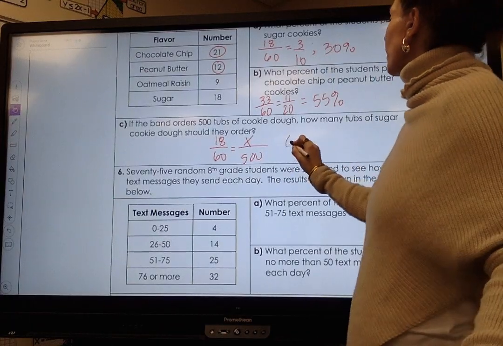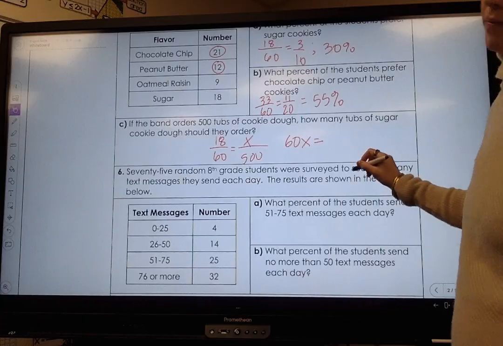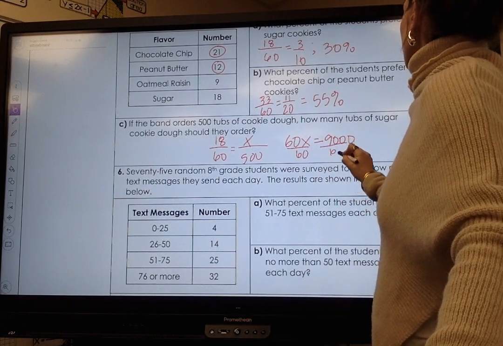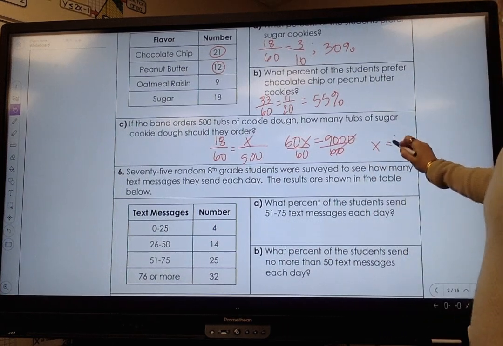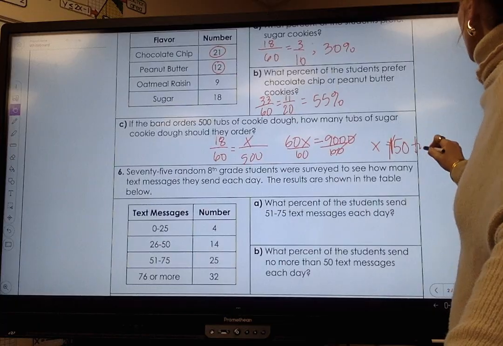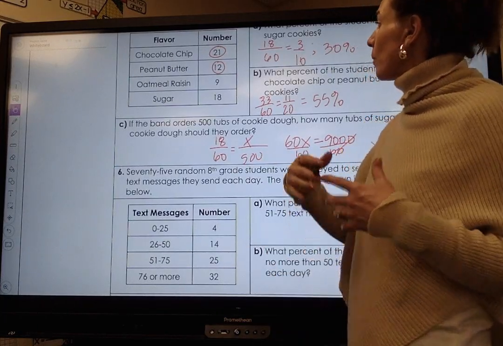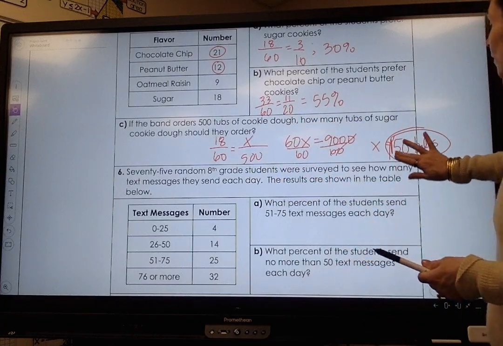We're going to cross multiply. 18 times 500 is 9,000. So 9,000 divided by 60 is going to be 150 tubs.